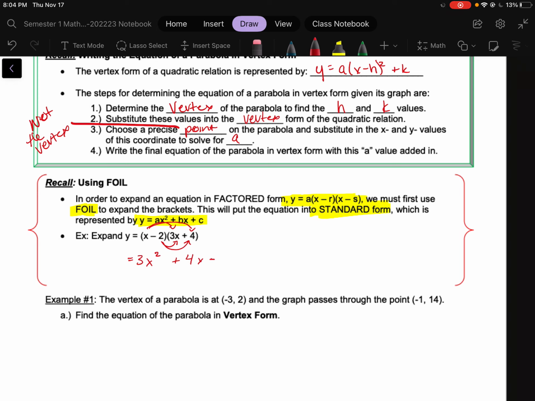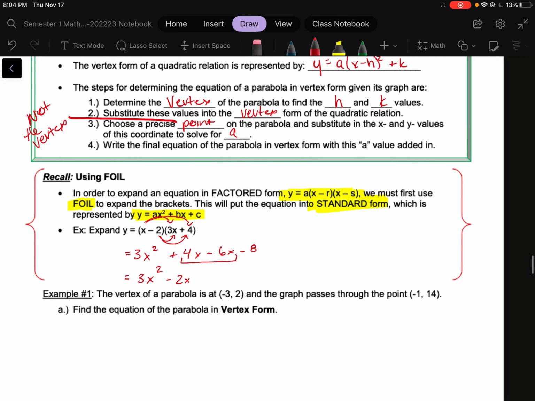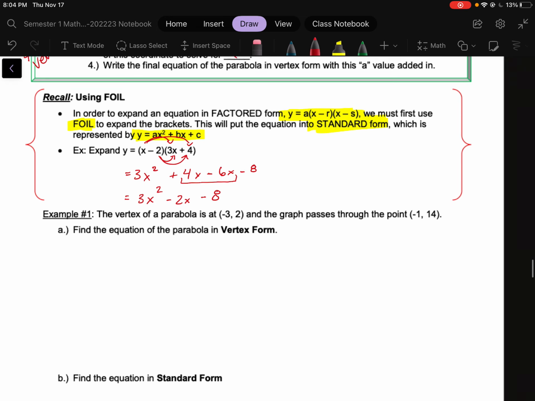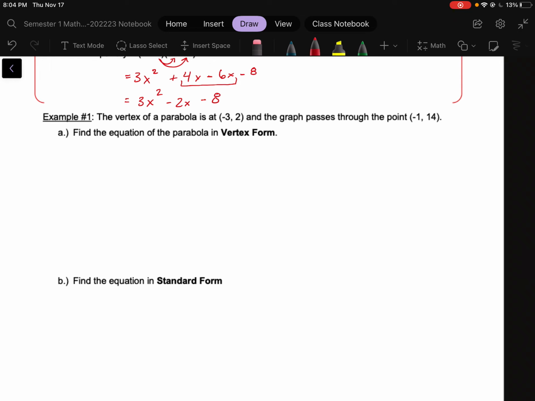And then we have our negative 2 times 3x, that's going to give us minus 6x. Negative 2 times 4 is going to give us negative 8. We group our like terms together. So our 3x to the power of 2 is not similar to anything else, but we have these two like terms. So our 4x minus 6x gives us negative 2x minus 8, and that is our standard form of this equation. So this is recalling things that we've done in the past.